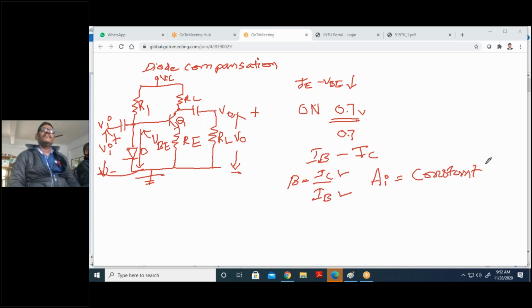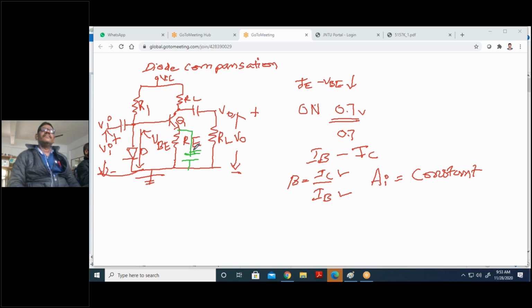So this is the diode compensation. If the temperature is increasing, the reverse saturation current automatically increases again. For that purpose we have to connect one capacitor here, which is called the bypass capacitor.